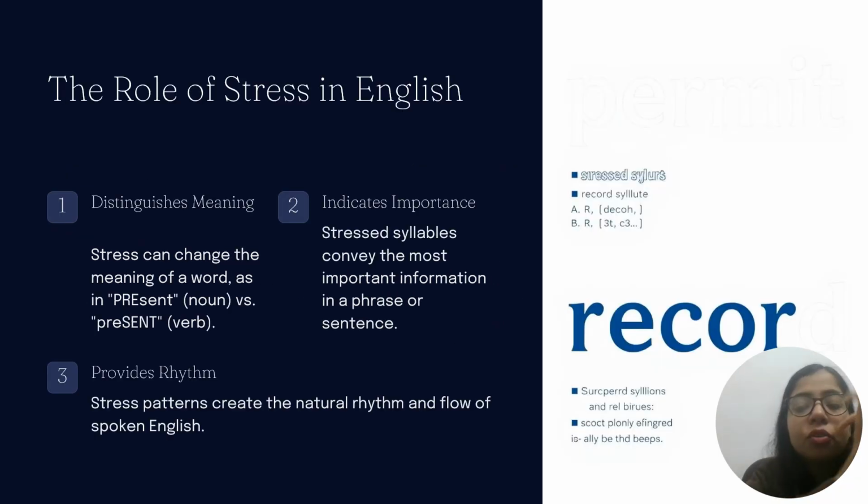Now next is the role of stress in English. So first role given is distinguishing meaning. Stress can change the meaning of a word, as in present versus present. Now the spelling is the same, but in the first we are giving stress to "pre".